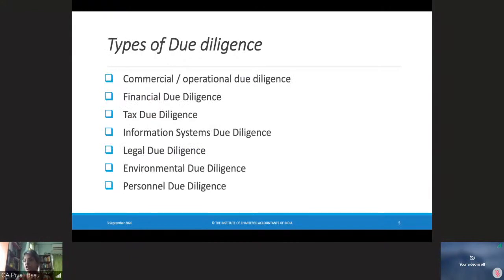The various classifications of due diligence: commercial, operational, financial, tax, information systems, legal, environmental, personnel. As I told you when I started today, when we do a due diligence, practically we take into consideration everything, right? But you can have separate due diligence also.